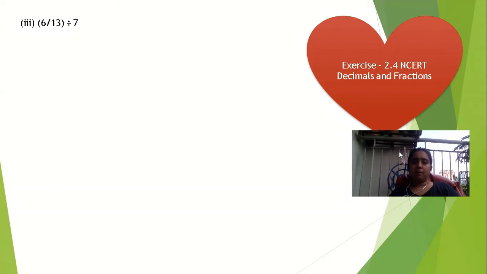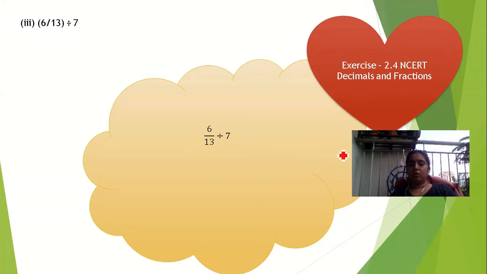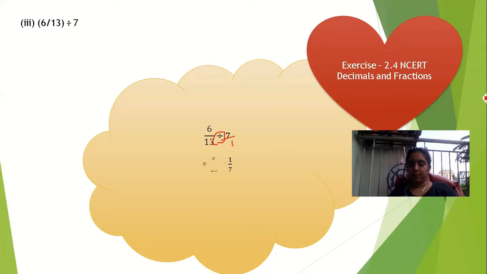So our third part is 6 upon 13 divided by 7. So we will represent 7 as 7 upon 1, and in the next step I will change this divide into a multiply and this number will also change, that is 7 upon 1 will change into 1 upon 7. So 6 upon 13 multiplied by 1 upon 7. Now we have to multiply the numerator values and the denominator values.